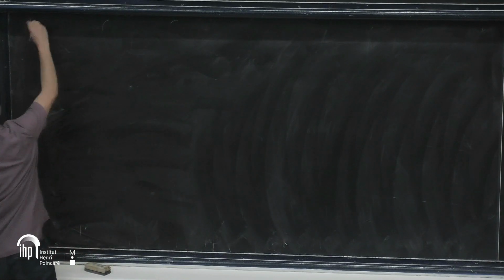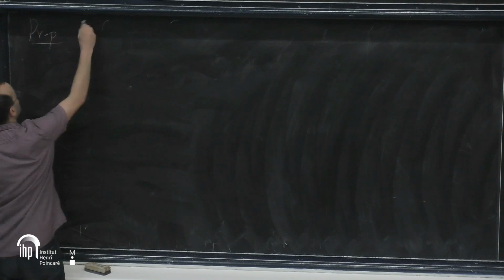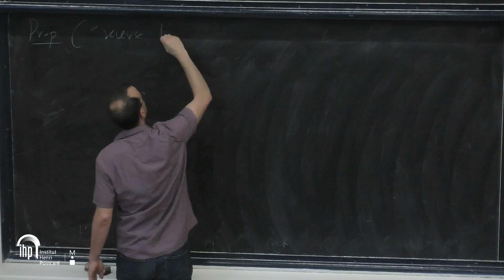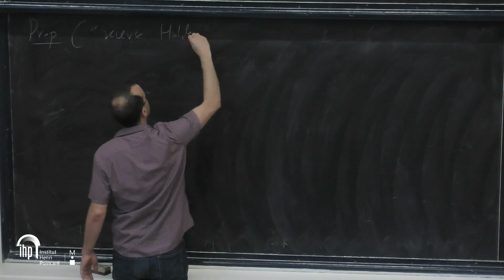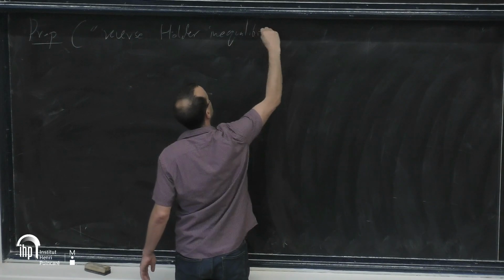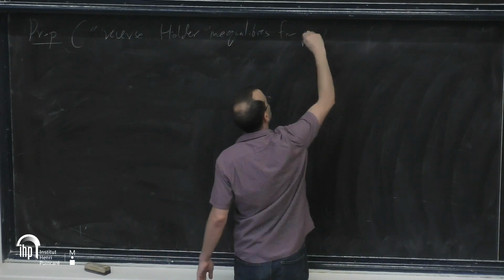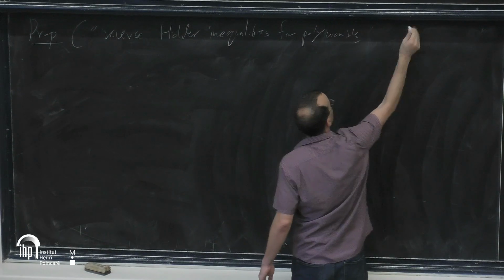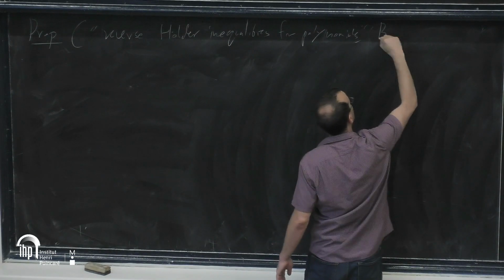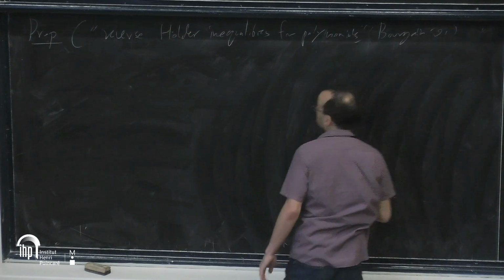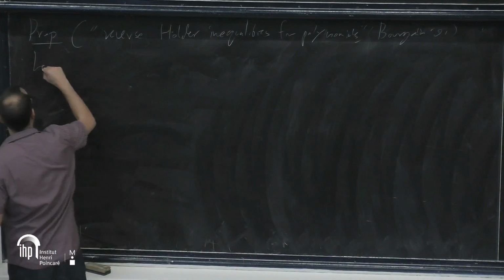So, proposition: reverse Hölder inequality for polynomials, which is due to Bourgain in '91. So let X be a log-concave random vector in R^n.